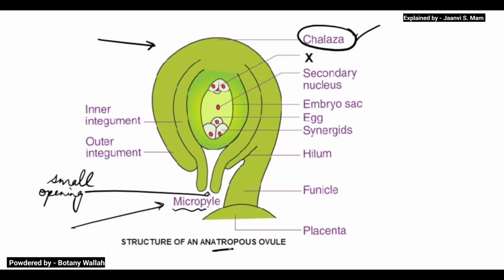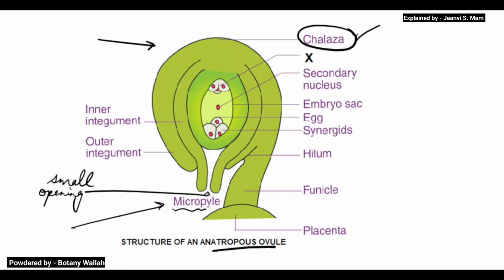Now the name of the structure is anatropous, okay. Why is this name anatropous ovule? Here the name is anatropous because this type of ovule has micropyle and funiculus side by side.